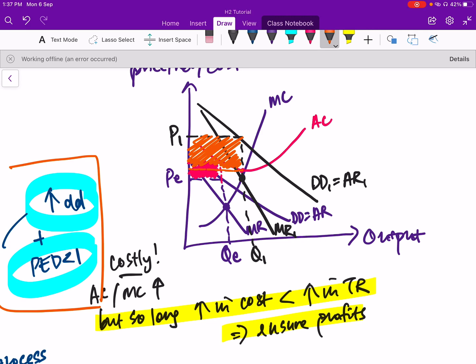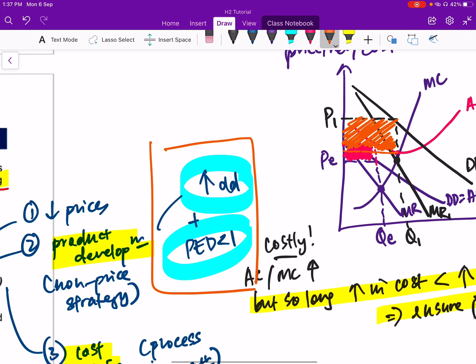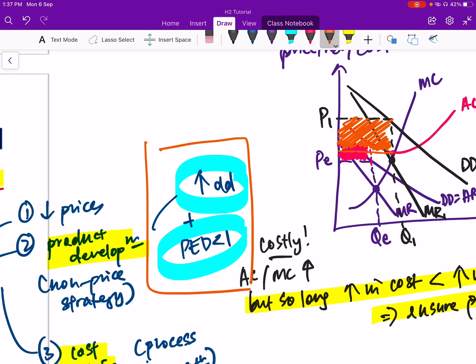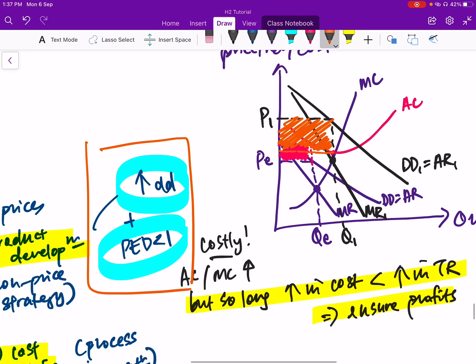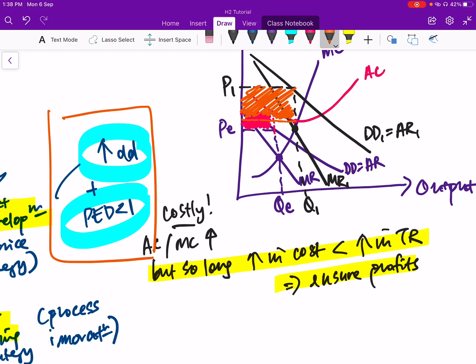Now, however, we also need to acknowledge that product development is not cheap. It costs money, right? So it is very likely that in reality, your MC as well as your AC curve will increase. However, as long as the increase in the cost doesn't outweigh the increase in my demand or my revenue, I will still be able to maintain and ensure profits that are earned.